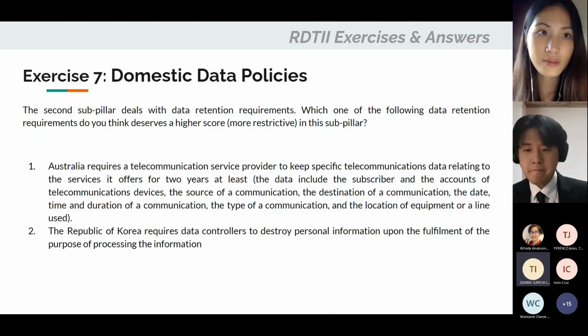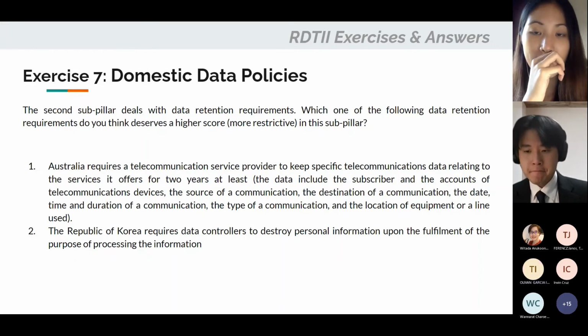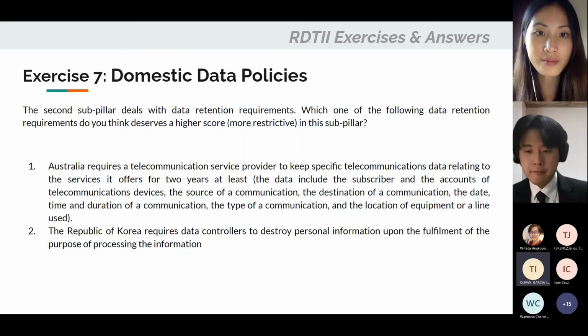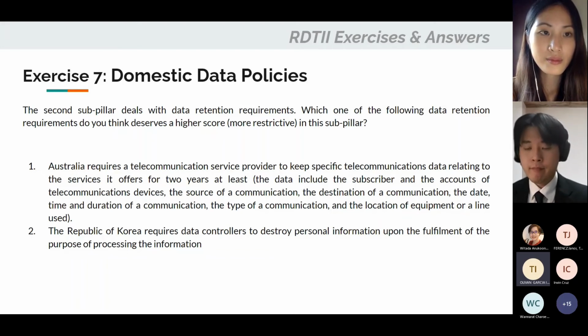So the approach in the STRI is really to look at the text at all levels of the regulation, not only law, but also administrative decrees or government decisions, and really to stay in that text and not go into the reports that, as you were explaining, are included in the RDTII.